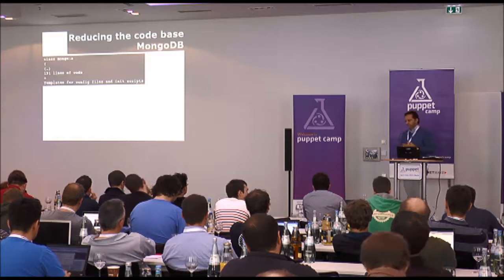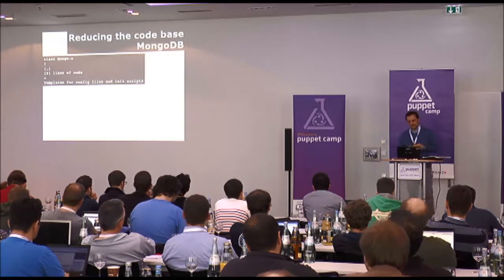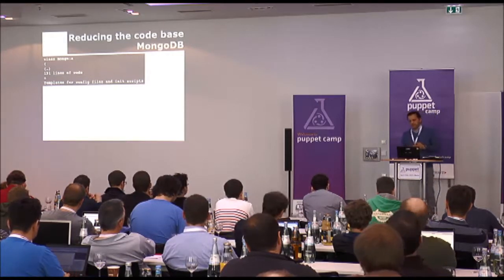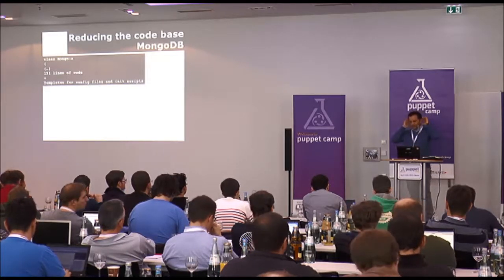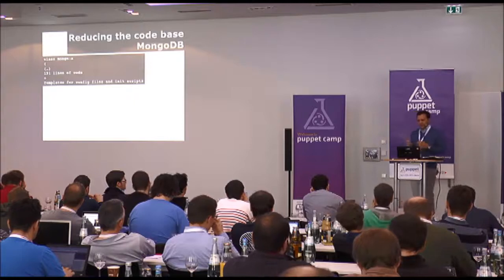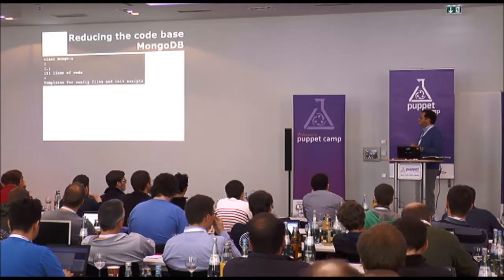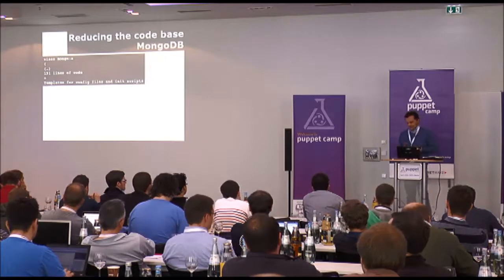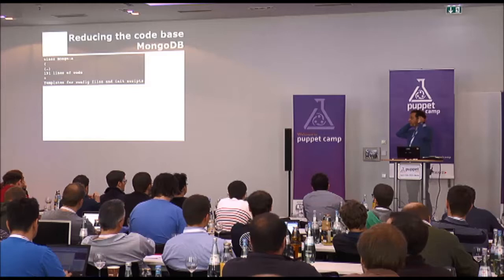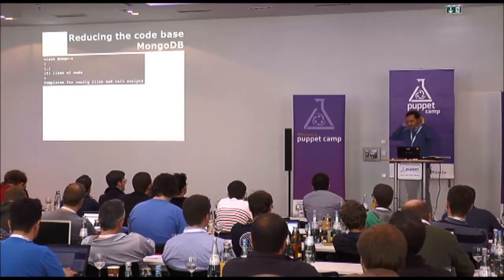So basically, you have arbiters on the elections, you have data nodes, you have router nodes for the sharding, and you have configuration management nodes where Mongo keeps indication of where the data is. So I'm going to go through all of these types, because this is where our code base actually grew.